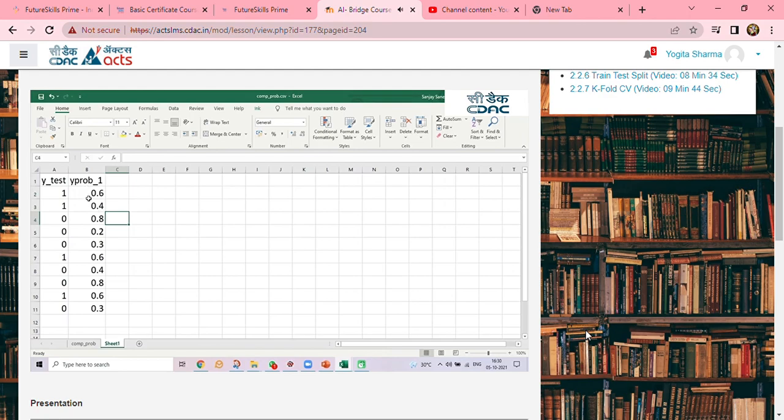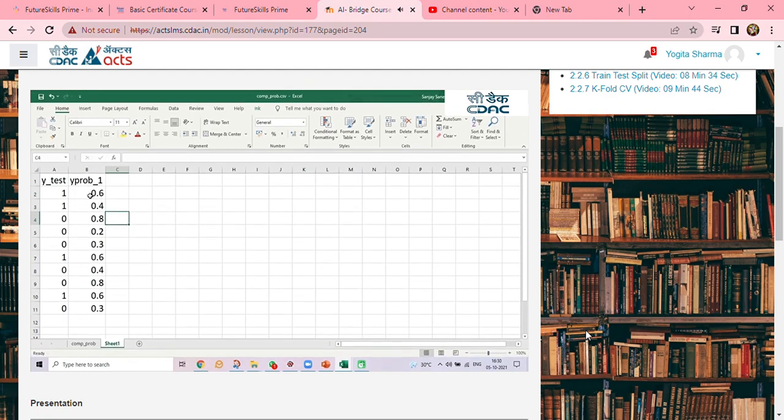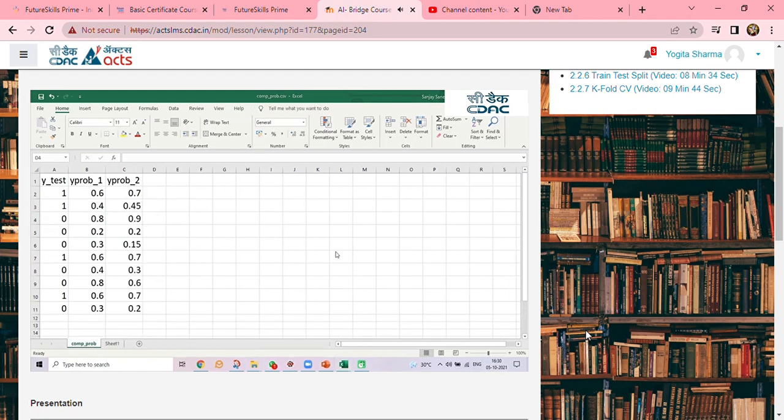Likewise, we list down first of all probabilities for 1 only. Say suppose that we have two different models, model 1 and model 2. Now model 1 predicts the probability for the first observation as 0.6 for 1, and model 2 predicts it as 0.7.